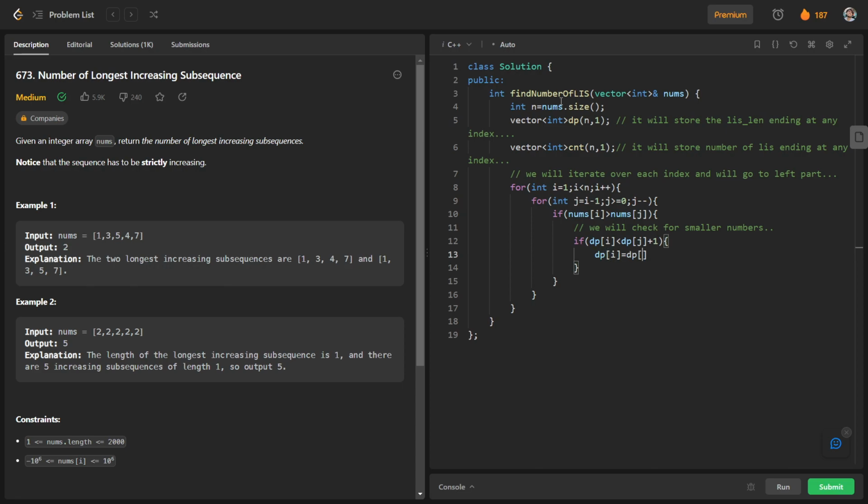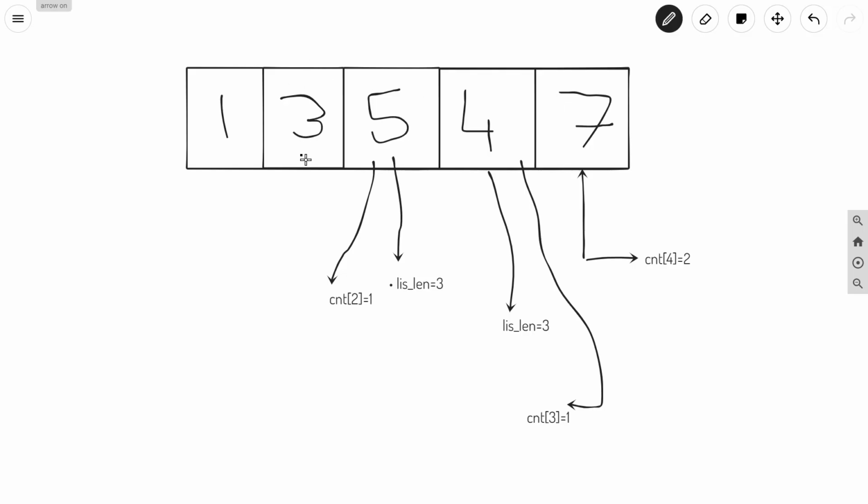So dp is nothing but dp of j plus 1. You can see that for 3, let us say this is our jth element and this is our ith element. Initially we initialized dp of i with 1, so dp of i was initially 1, and dp of j after solving for 3, or for j is equal to 1, will be nothing but 2.